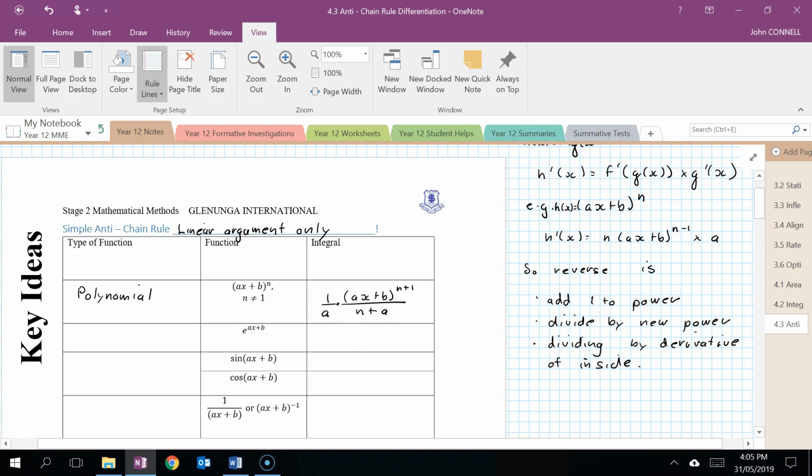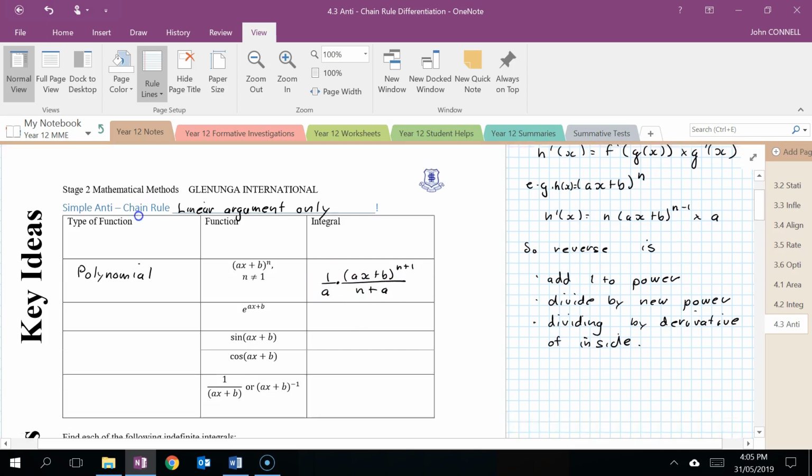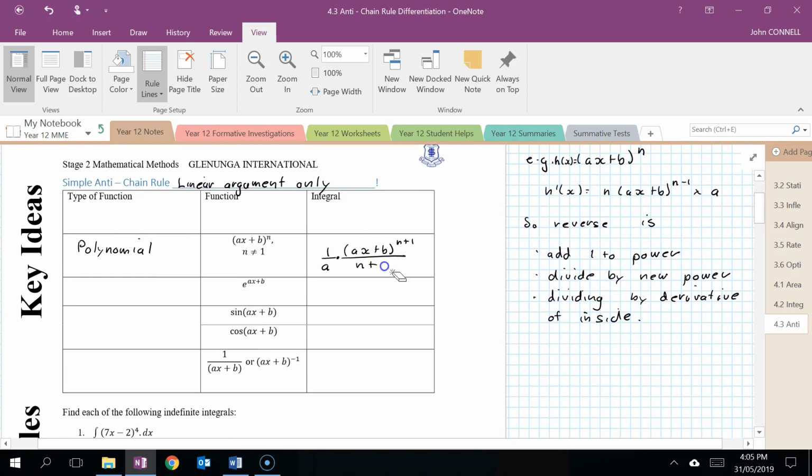So we're dividing by the derivative of the inside. And that should be n plus 1 down there. Okay, how about an exponential? Well, it's the same idea. The integral of an exponential is just the exponential, but in this case, we need to divide by the derivative of the power. So we'll just have this 1 on a factor out the front again.